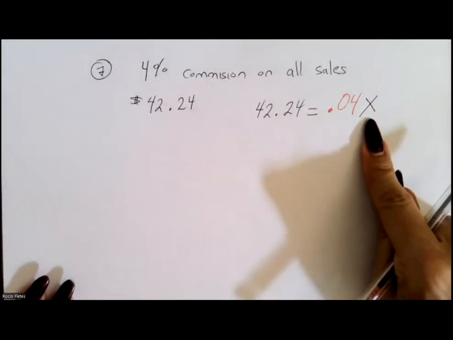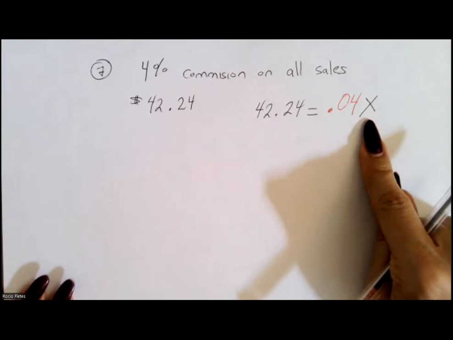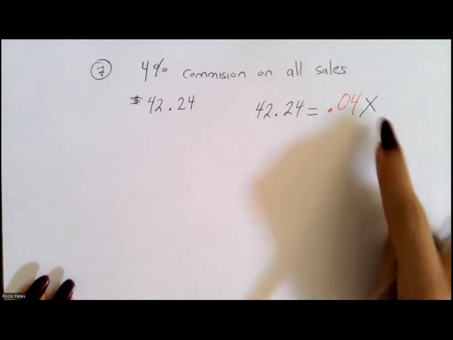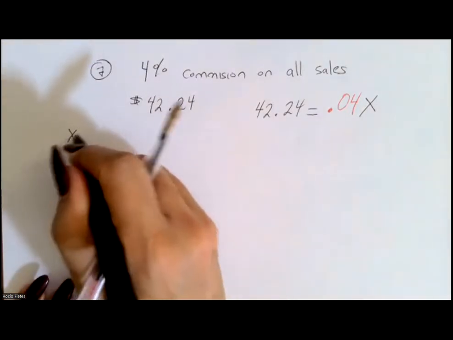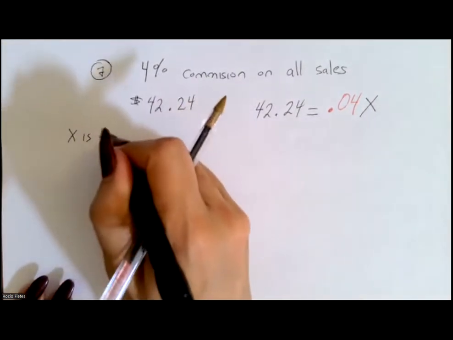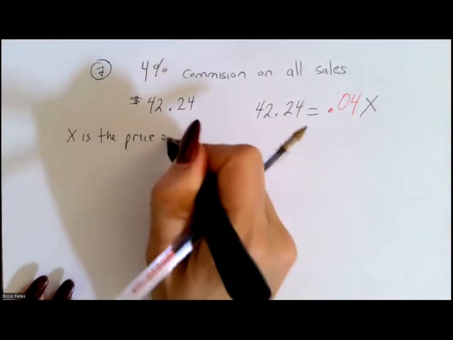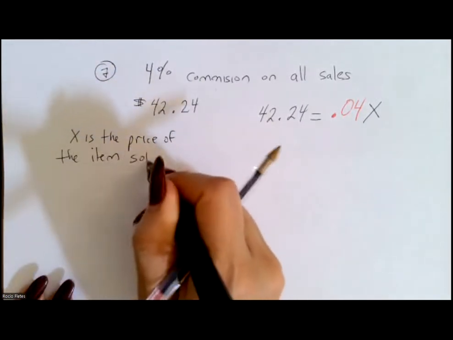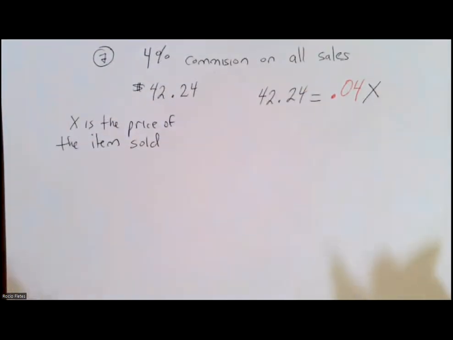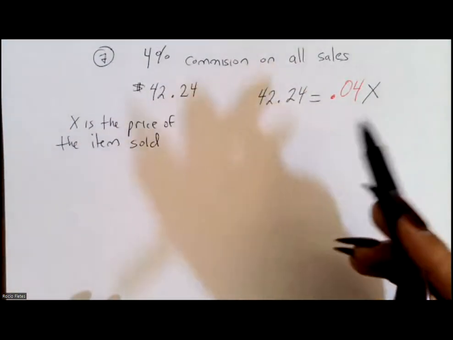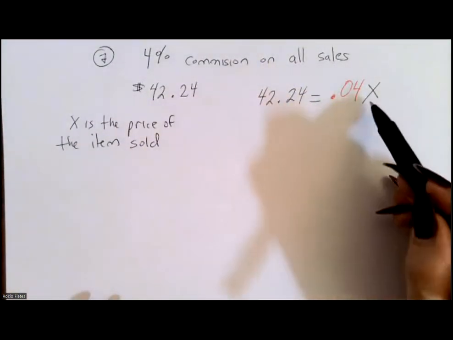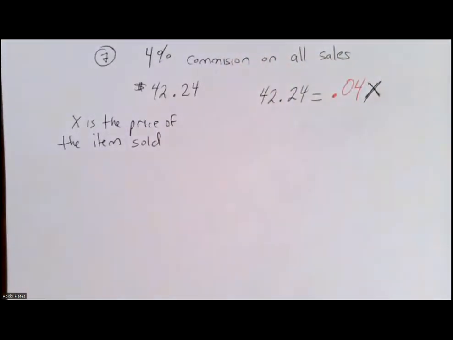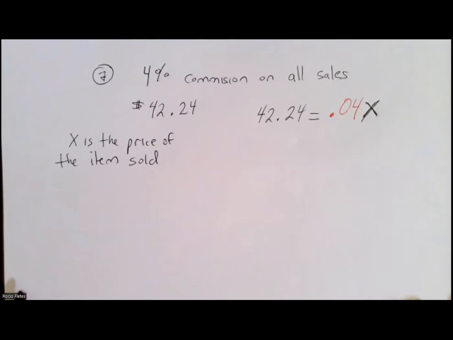So this X represents the total, right, the price of the item sold by this person. So we know that the $42.24 is equal to 4% of some total. I'm gonna call that X. And so I'm gonna solve for X.